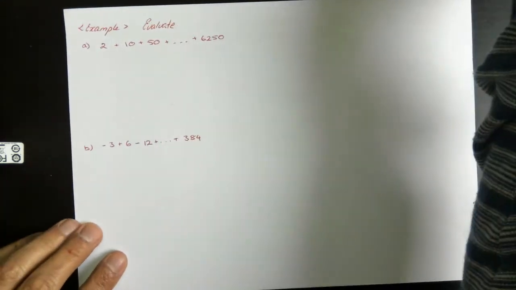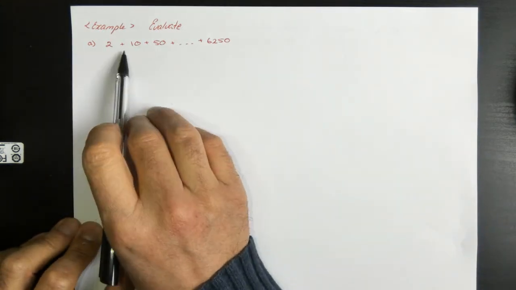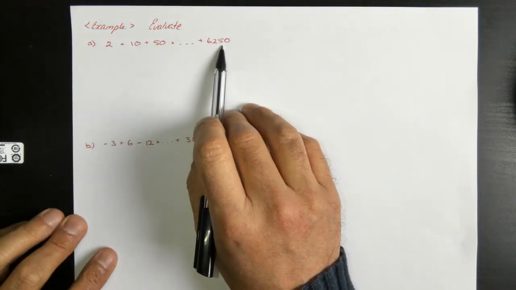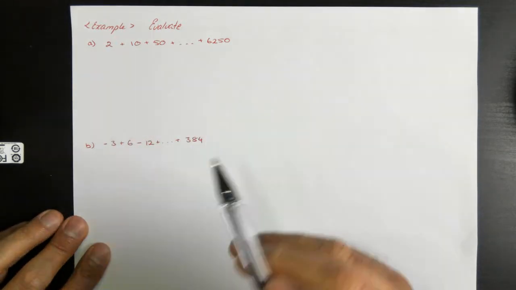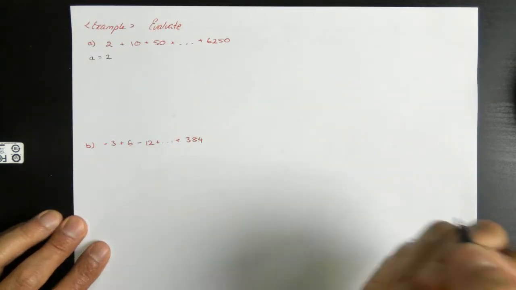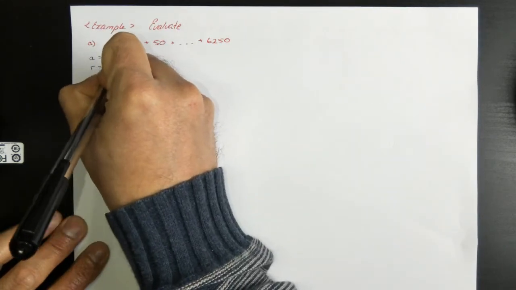Okay. Let's evaluate this geometric series 2 plus 10 plus 50 plus all the way to 6,250. So we know that a is 2. We know that r is 10 divided by 2, which is 5.